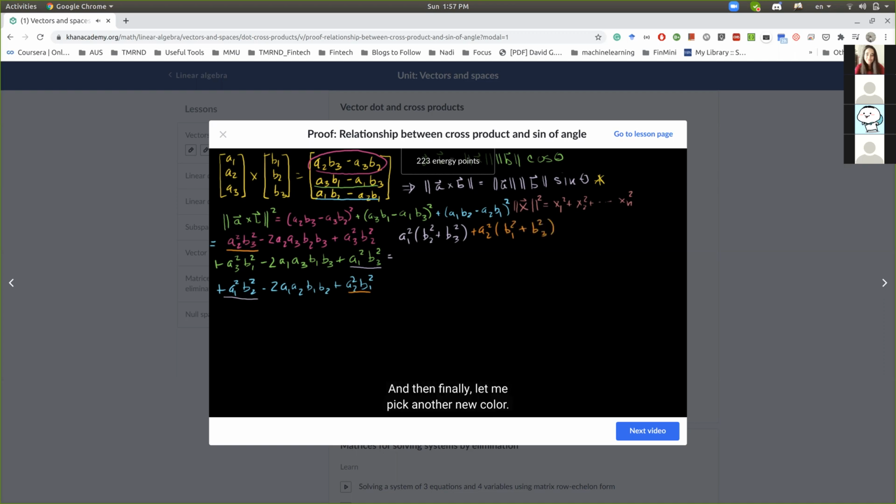And then finally, let me pick another new color. I'll go back to yellow. Plus a3 squared times, well, that's that term and that term, so b1 squared plus b2 squared. And obviously, I can't forget about all of that mess that I have in the middle, all of this stuff right here.